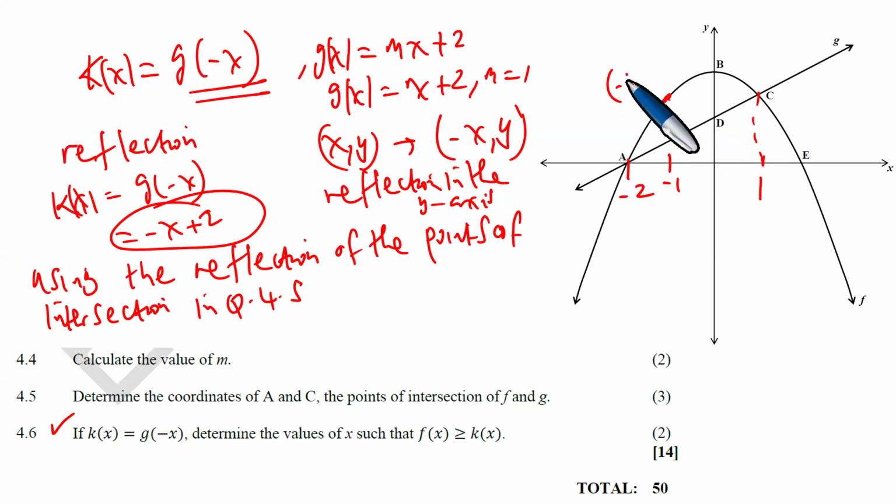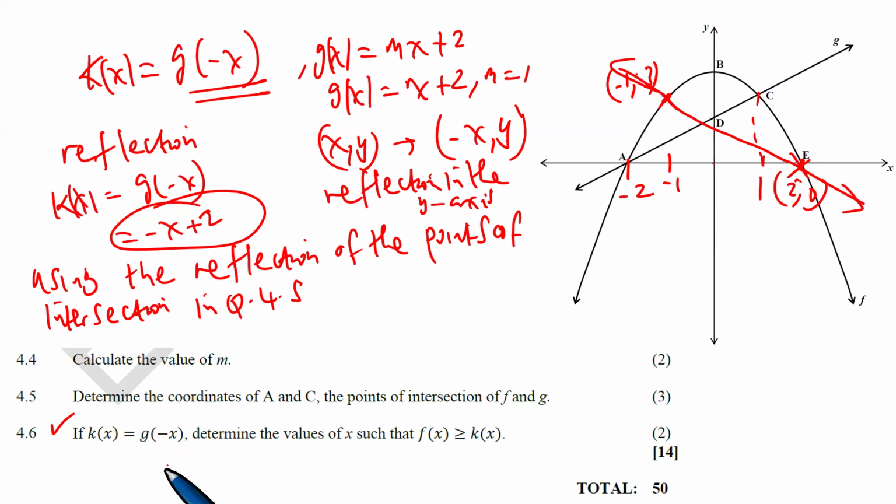We got the y to be 3 before, so you have a point here. And now if you reflect this one in the y-axis, it's going to be 2, and you remember 2 was sitting here, so it's going to be 2 and 0. So you're going to have something like this.